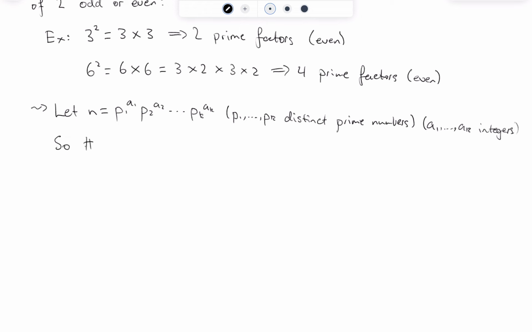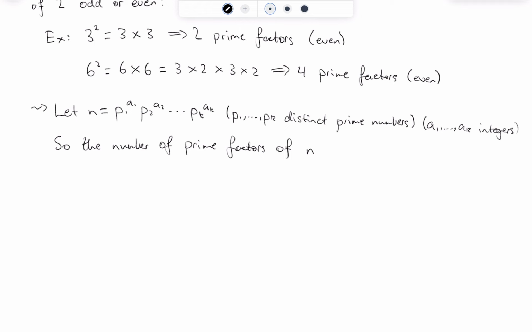The number of prime factors of this number n: how many prime factors are there? We have p1 up to pk, and they're all taken to some power. It could be 1. So basically, we'll have p1 to the a1 all the way up to pk to the ak.